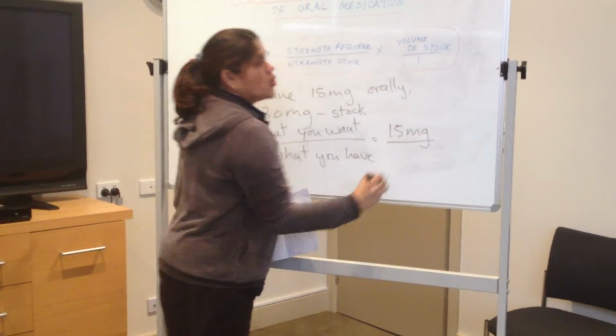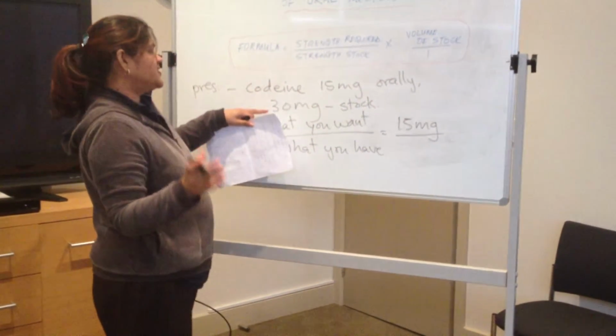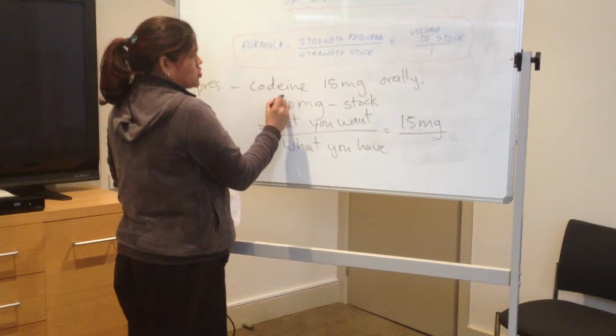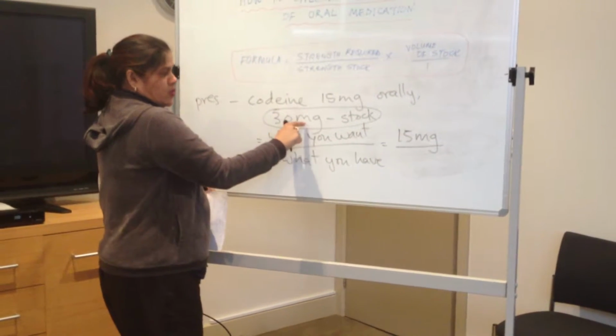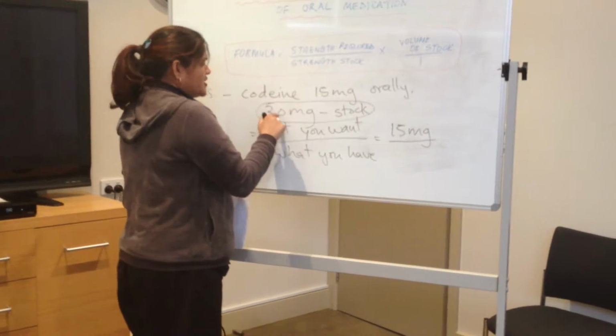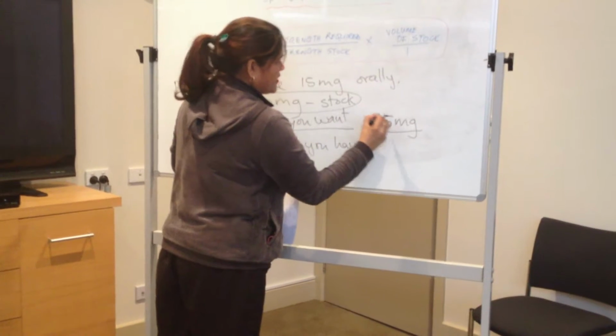And in your stock, maybe you're working in a hospital or any medical facility, this is what you have. Each tablet is worth 30 milligrams, and you need to give only 15 milligrams.